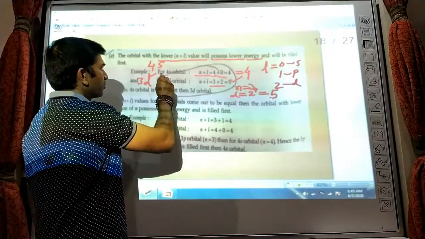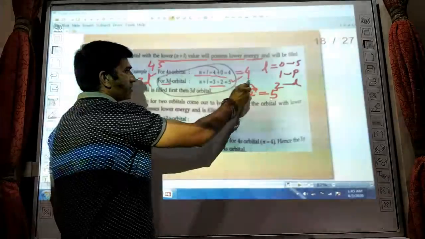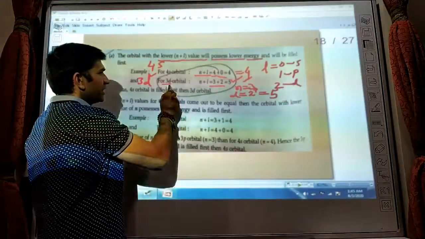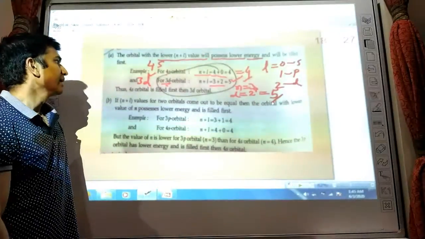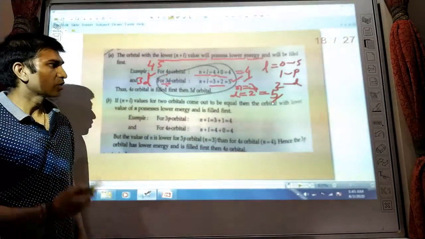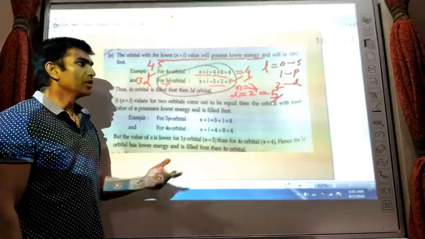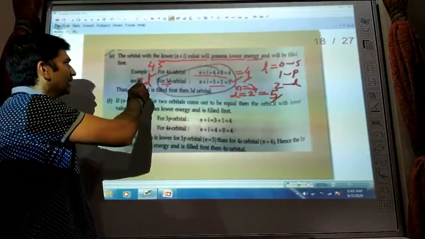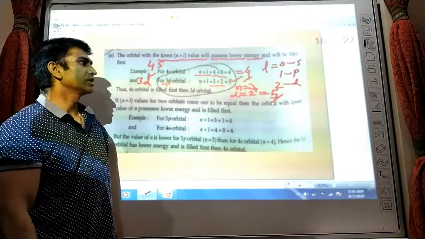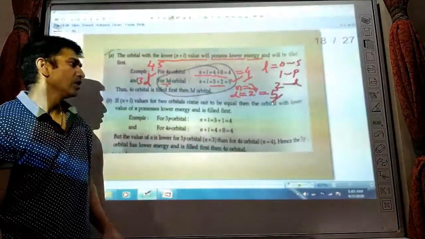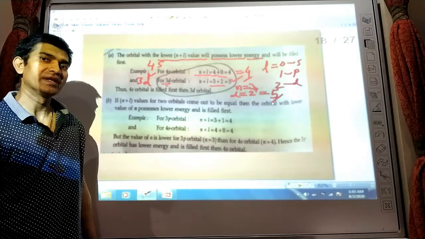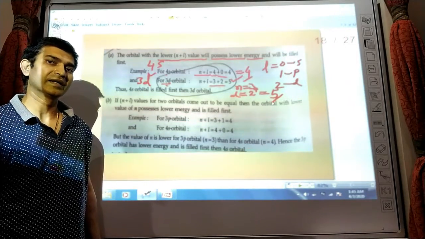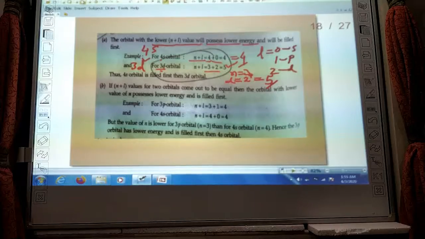It means for the 4s orbital the n plus l value is 4, and for the 3d orbital the n plus l value is 5. It means definitely the electron will go to the 4s orbital, not to 3d, because the energy of the 4s orbital is lower. This is very important while filling the electrons into the orbitals.